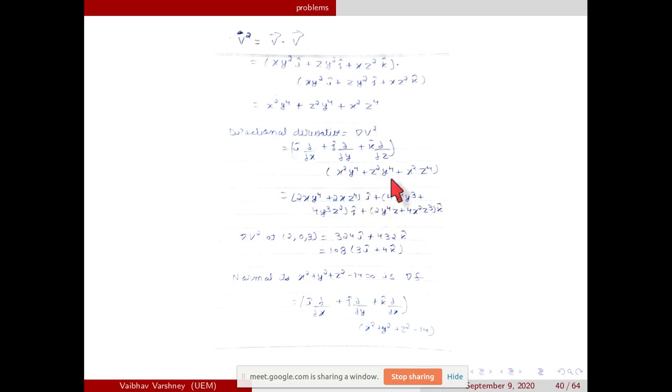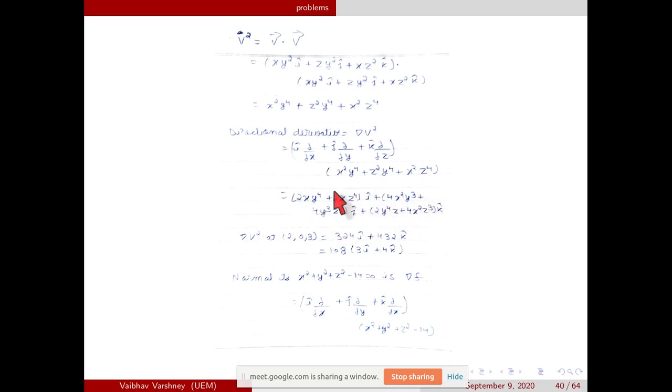Then the first and second terms contain y, so it will be (4x square y cube plus 4y cube z square) j cap. And the second and third terms contain z, so they come in the k cap: (2y^4 z plus 4x square z cube) k cap. Any problem in this derivative?